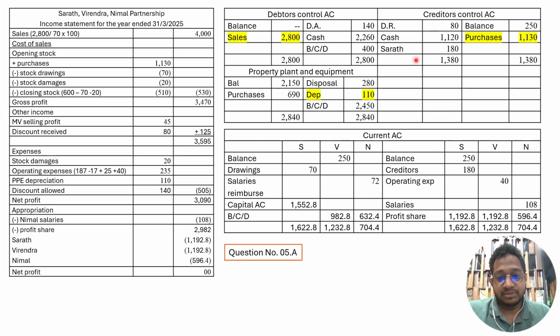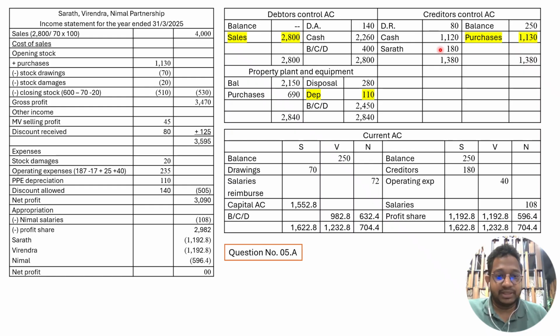That amount you should credit to Sarath's current account and debit to the creditors control account. Then you can find out the purchases. But before that, there is a balance decrease. So there is no closing balance, but the opening balance is 250. Then you can find out the purchases here, right?